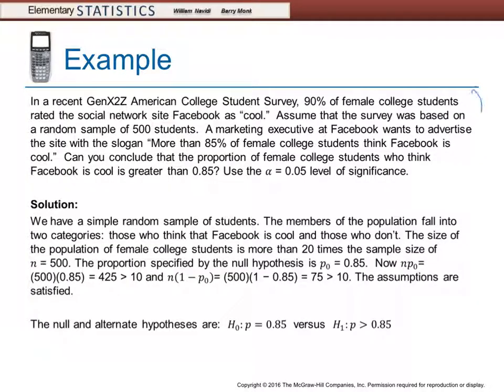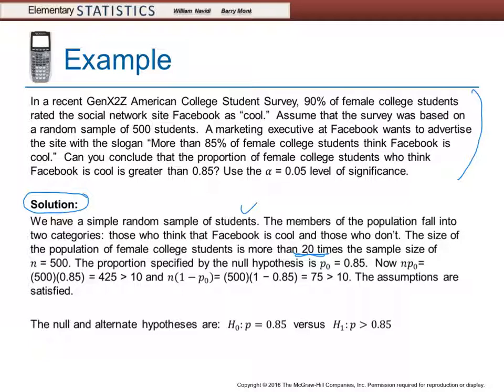So looking at the same problem, we're going to go down to the solution, of course, and just reiterate that we have to make sure that the assumptions are true. And again, we have a simple random sample. The members of the population fall into two categories, cool and not cool. The size of the population of the female college students is probably more than 20 times the sample size of all college students.